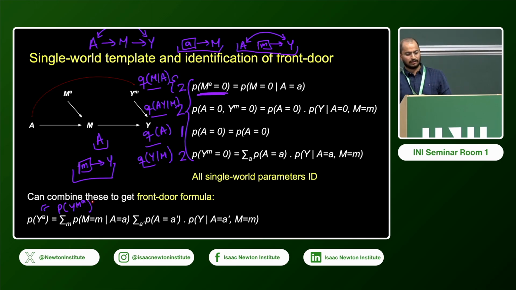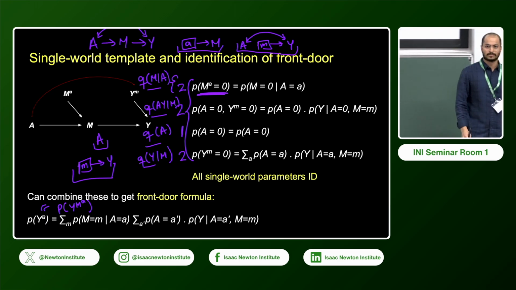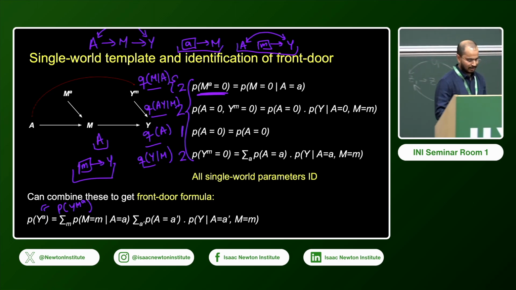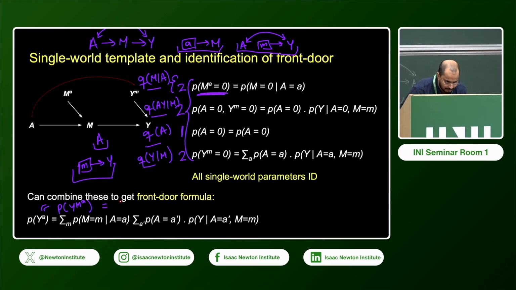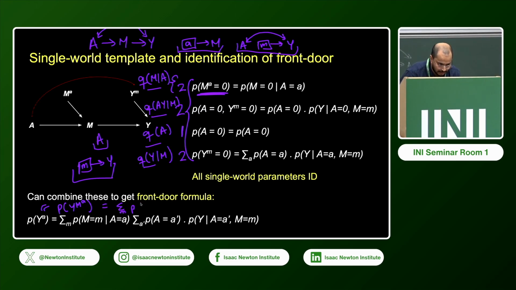So it's like the value that Y would take if I intervene on A and check what the value of M becomes. And then I marginalize over M, so I marginalize over all possible values of M. I get P of M(a) equals little m, and then Y(M(a) equals little m).